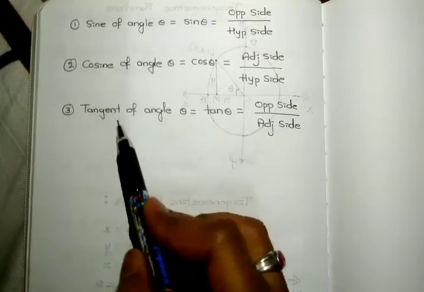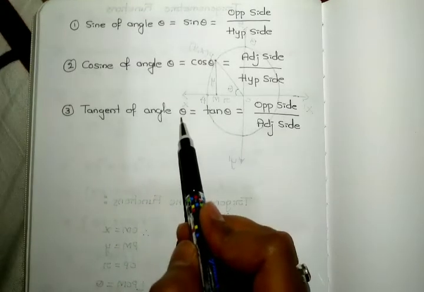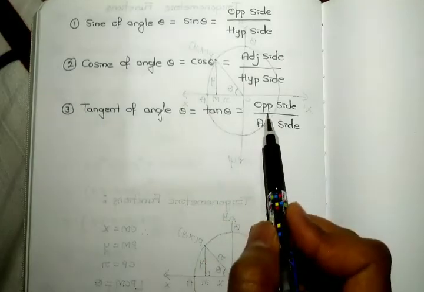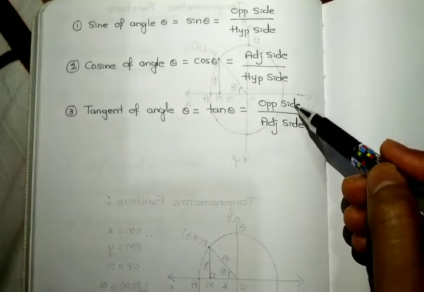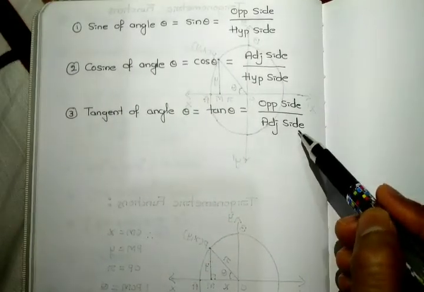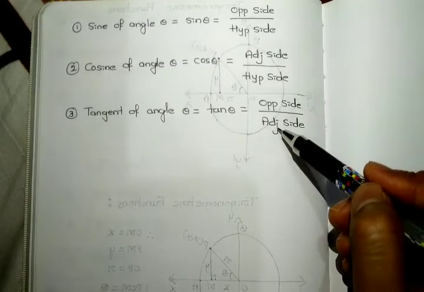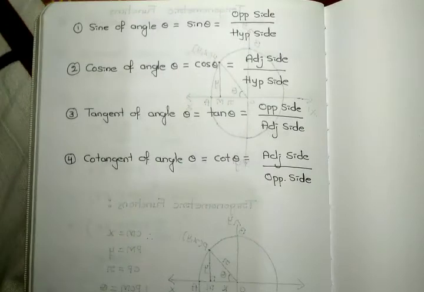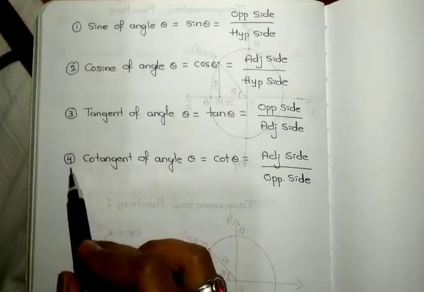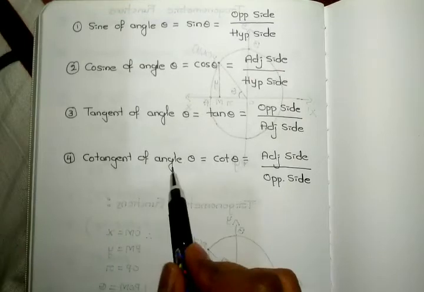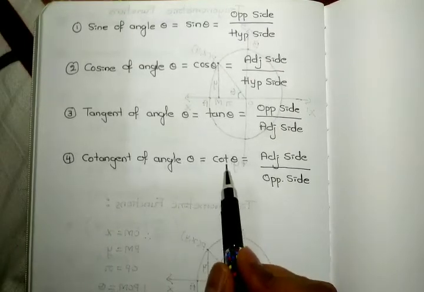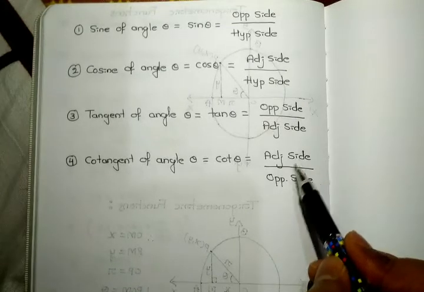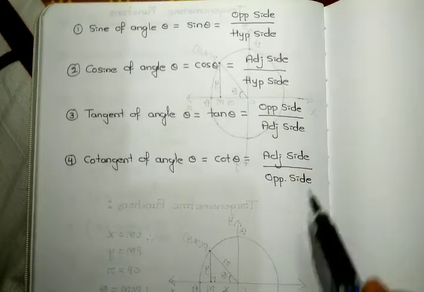Next, third one, tangent of angle theta is called tan theta, and it is defined by opposite side divided by adjacent side. Fourth one, cotangent of angle theta, called cot theta, is defined by adjacent side divided by opposite side.